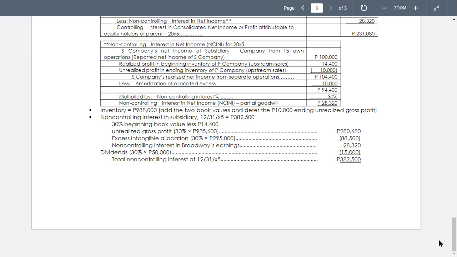Next, number 16. The 20x4 consolidated income statement showed non-controlling income of. So non-controlling income in a downstream situation is based on the subsidiary company's net income from its own separate operations.